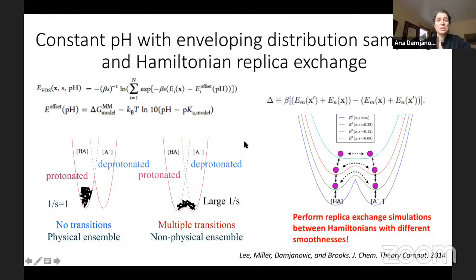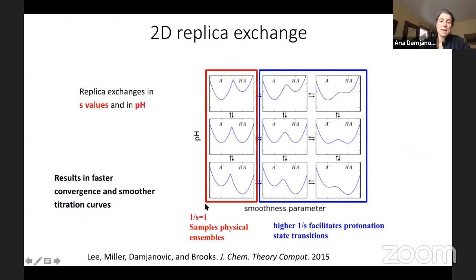And then we introduced a pH-dependent offset so that we can do constant pH simulations. In this case, with pH, you can favor different states depending on the pH. And then we introduced a two-dimensional version of this method with two-dimensional replica exchange, where we have exchange in pH on one hand, which is again going to favor different protonation states.